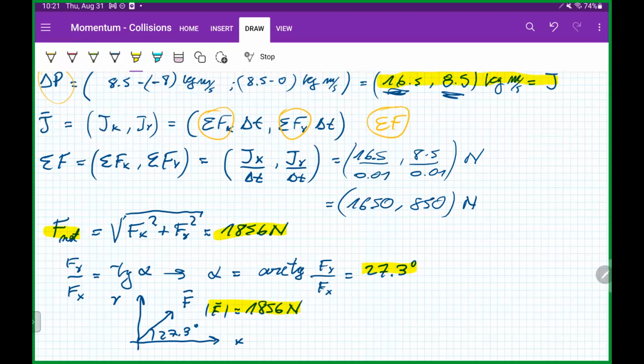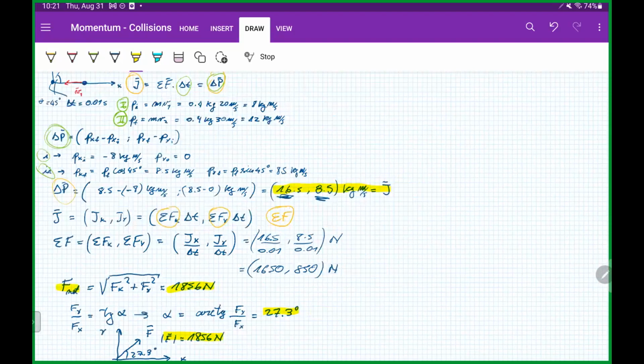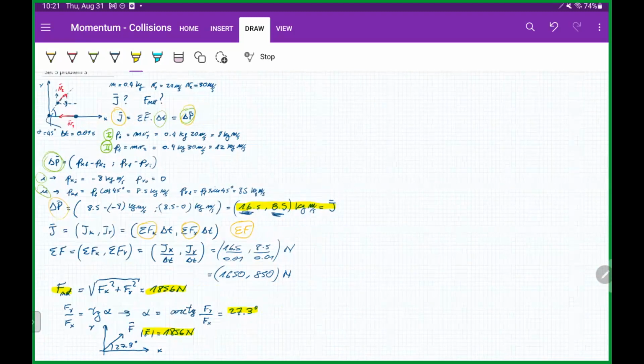Okay. Any questions about this? Just notice that we've worked a lot with the components, right? We've worked a lot with vector quantities. And we'll see that a lot when we're working with momentum and with rotation, because this is getting a little more complex than just straight line motion.